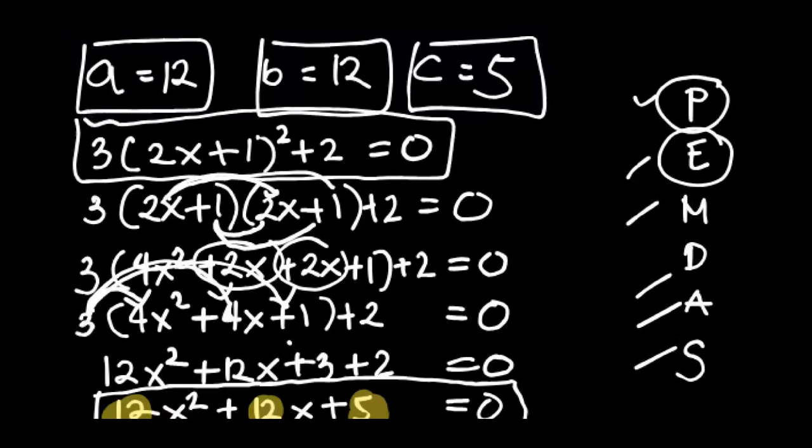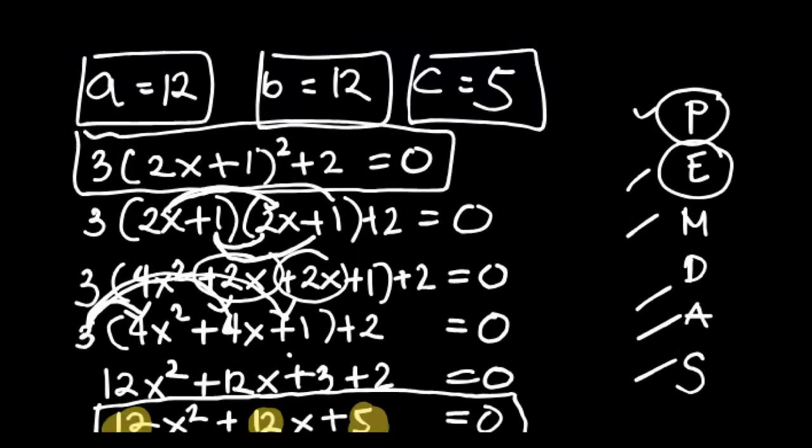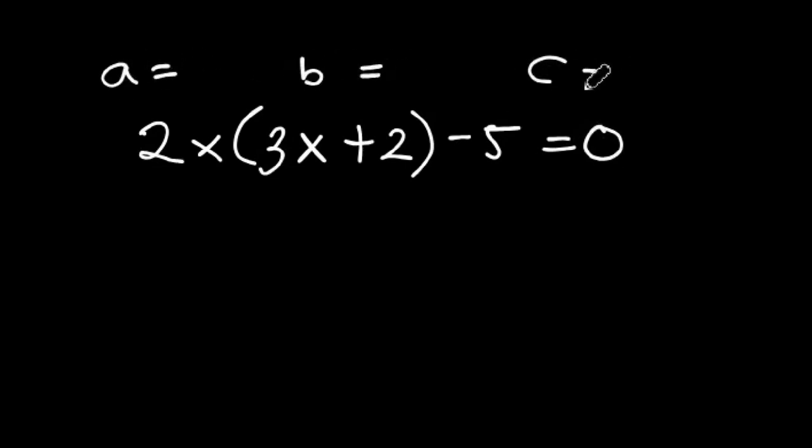Okay? So, now, let's proceed to the next part. For our last example for this video, we have 2x times (3x plus 2) minus 5 equals 0. Ganun pa rin, ang goal natin ma-identify si A, si B, at si C. Okay?